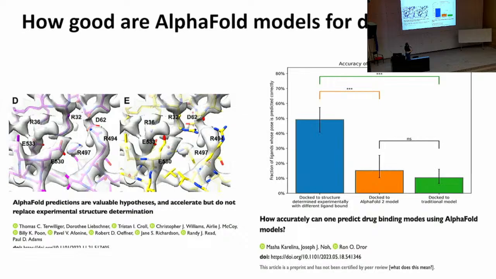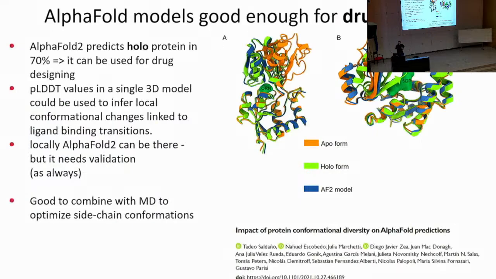While if you would be doing the redocking into the structure with a different ligand, the success rate was much higher. And it was also shown that AlphaFold is not always producing the conformation which is actually good for the ligand, because in 30% of the structures it generates apo structures.